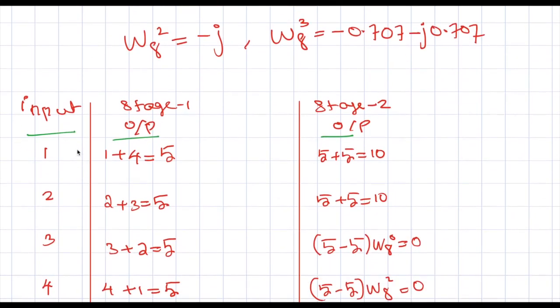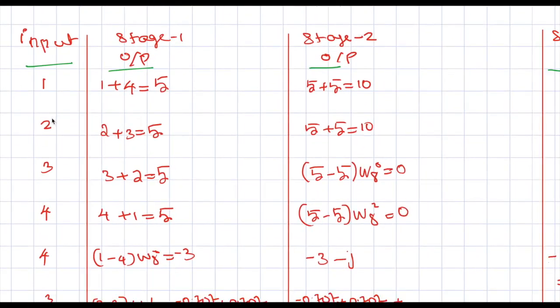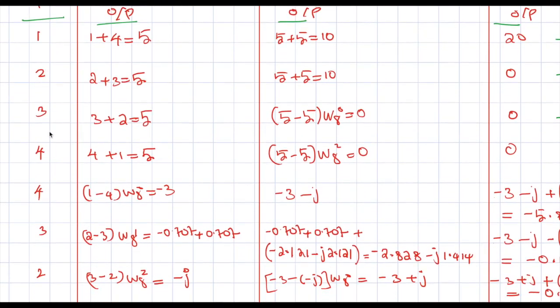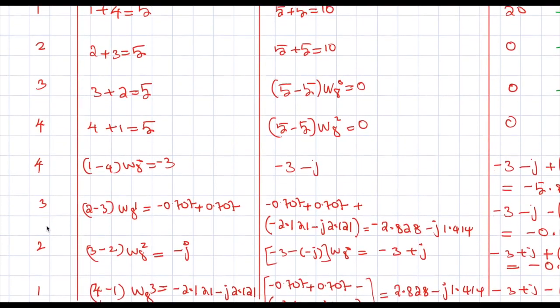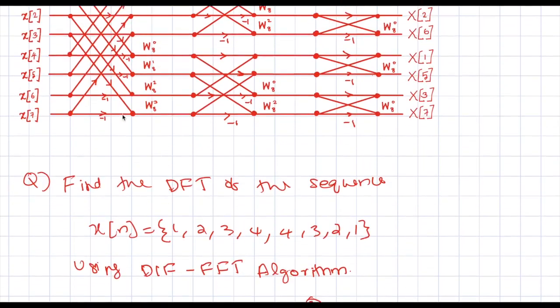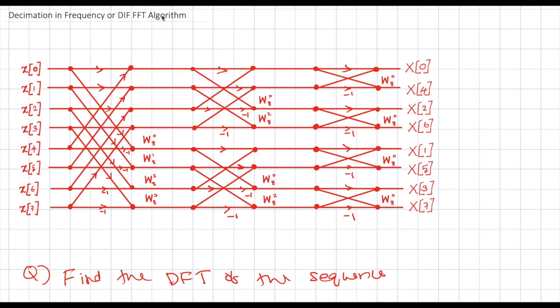On the input side, I am writing the sequence values as they are: 1, 2, 3, 4, 4, 3, 2, 1. Now as far as the first computation is concerned, if you want to get the value at this particular point, you will have to take x of 0 and add x of 4. That will be the value at this point. Similarly, x of 1 plus x of 5 will be the value at this point.